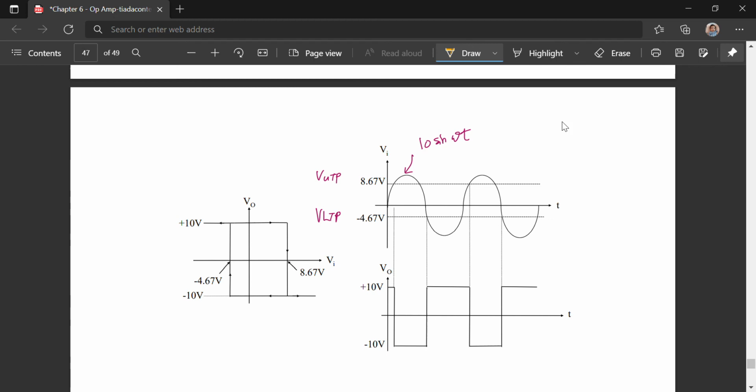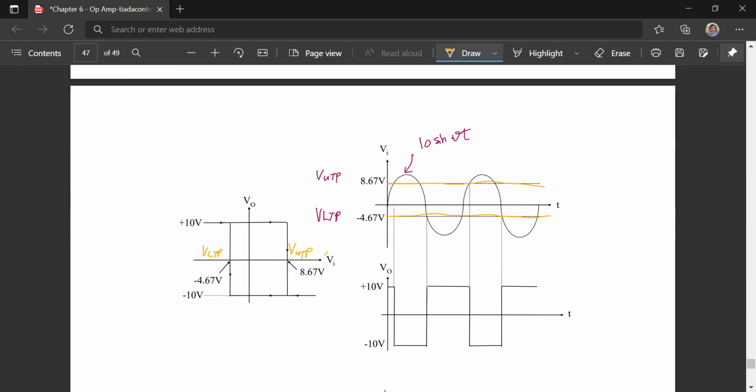So how to draw the Vout over t signal? Firstly, you draw the VUTP and VLTP values on your Vin graph. Here, from your Vo-Vi graph, you can see this is VLTP.